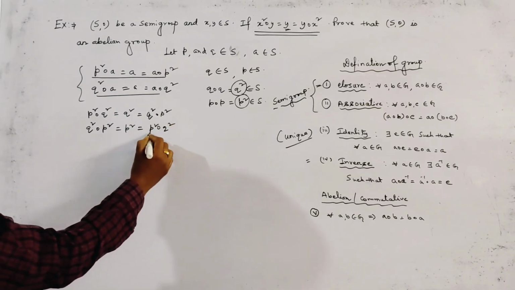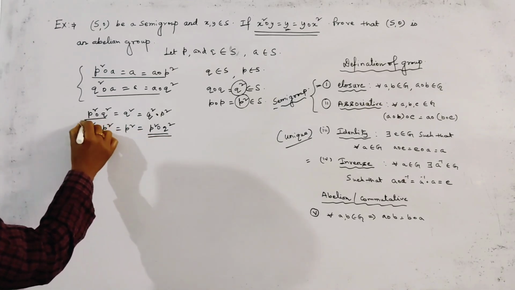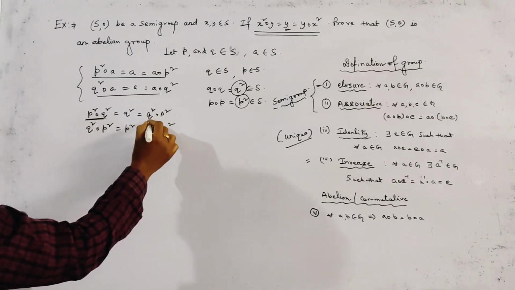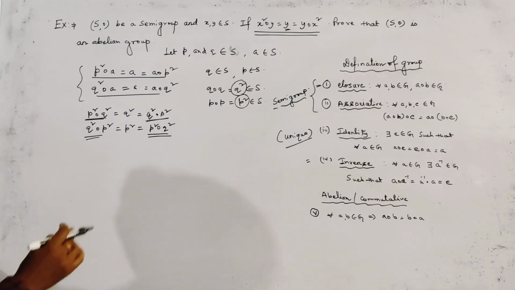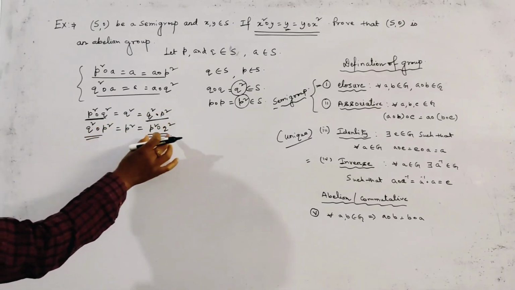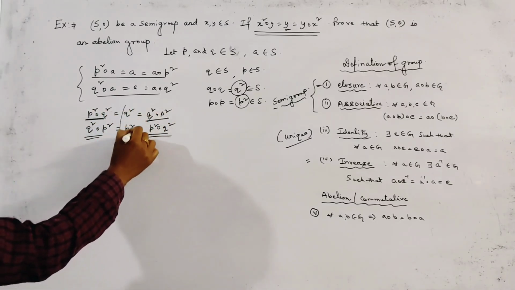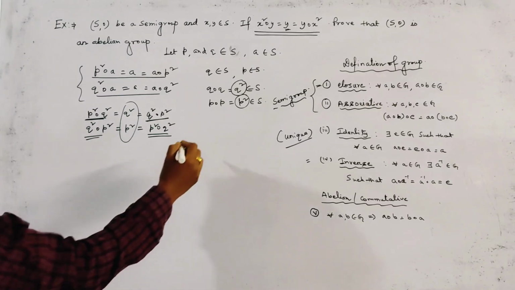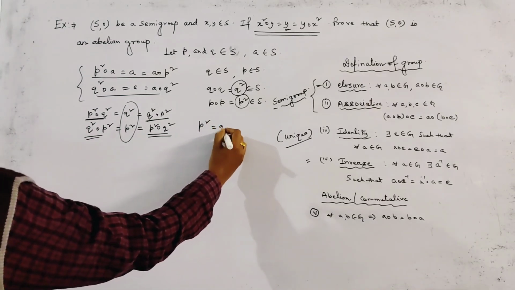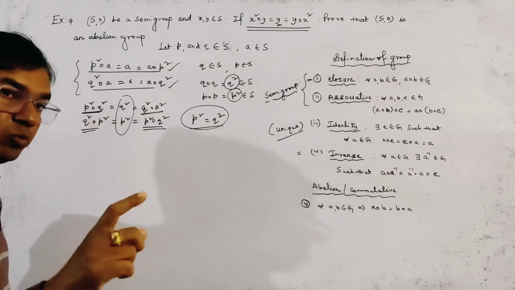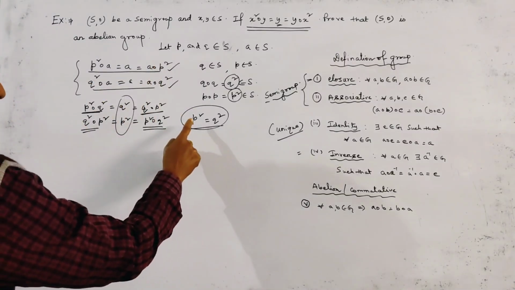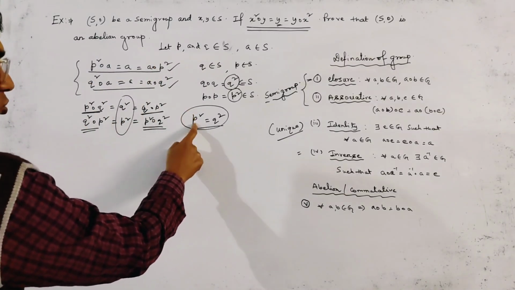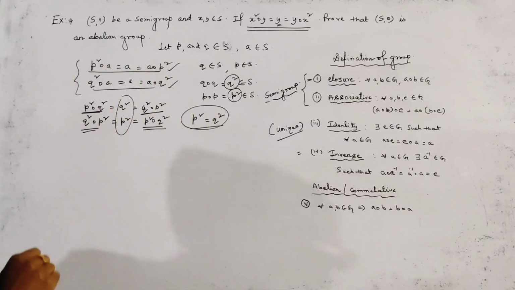It is clear that this right side equals this left side, and also this right side equals this left side. So these two terms must be equal. So we can write p² equals q². And we see here that the identity element is unique because p² and q² are the same.